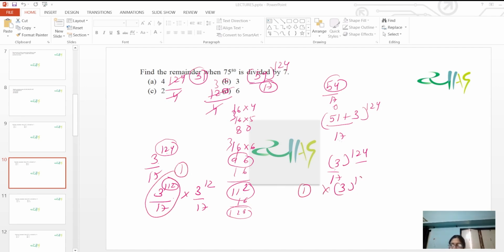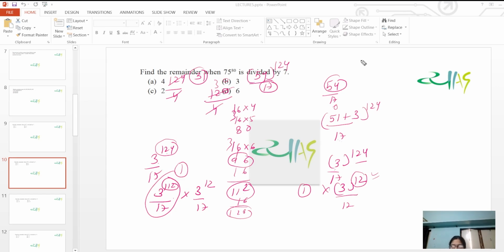Now you are left with 3 to the power 12 divided by 17. There is nothing else left, we will just have to divide this time.